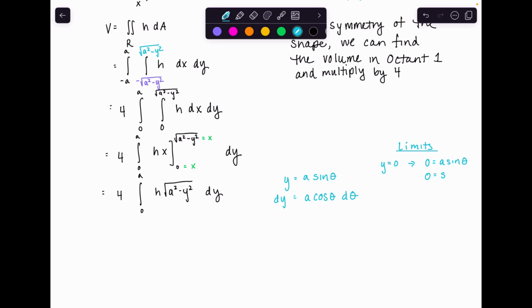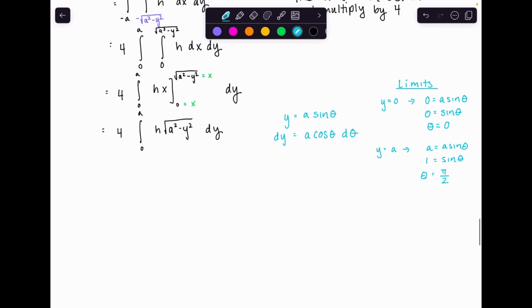A is just a constant, so this is the same thing as saying 0 equals sine theta. Well, that means theta is going to be 0. So my lower limit happens to stay. When y equals the upper bound a, this gives us a equals a sine theta. Dividing by a is the same thing as saying 1 is equal to sine theta. So when this happens, is it pi over 2?